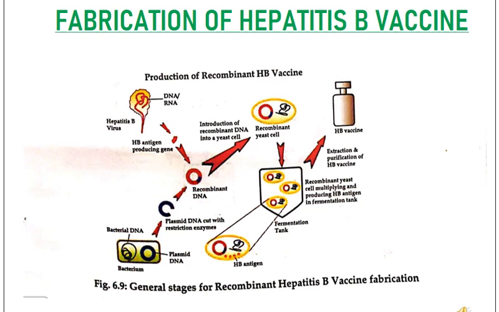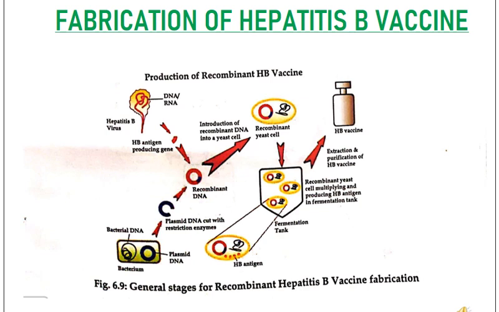Coming to the fourth, the recombinant DNA comprising the target gene is hosted inside a yeast cell. Okay, now that is creating a recombinant yeast cell. The fifth is that this recombinant yeast cell proliferates in the fermentation tank, which helps in the yield of HBs antigen.